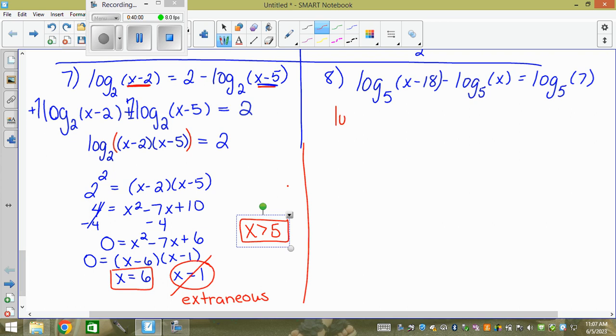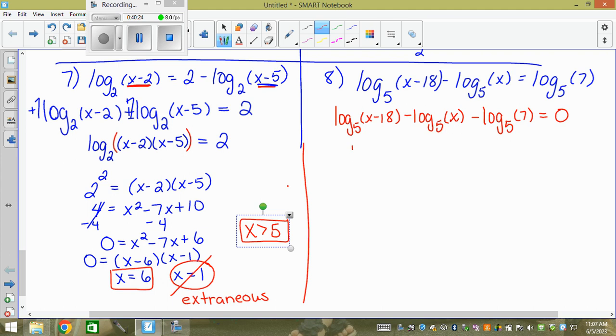So I could go log base 5 of x minus 18 minus log base 5 of x minus log base 5 of 7 equals 0. I'm going to show you the two ways you could do this one, because what if Bertha and Frank do it two different ways and they ask which one's right? So we have to be able to do both.